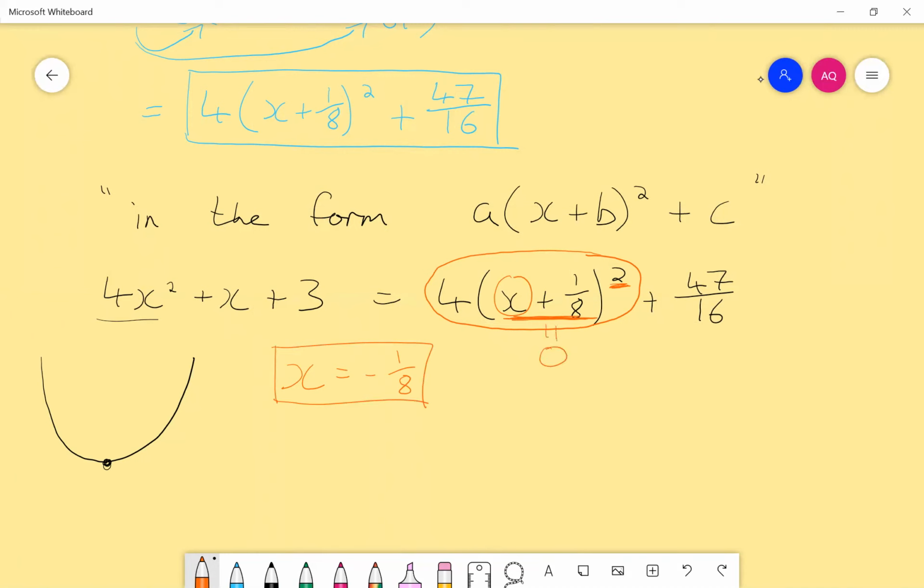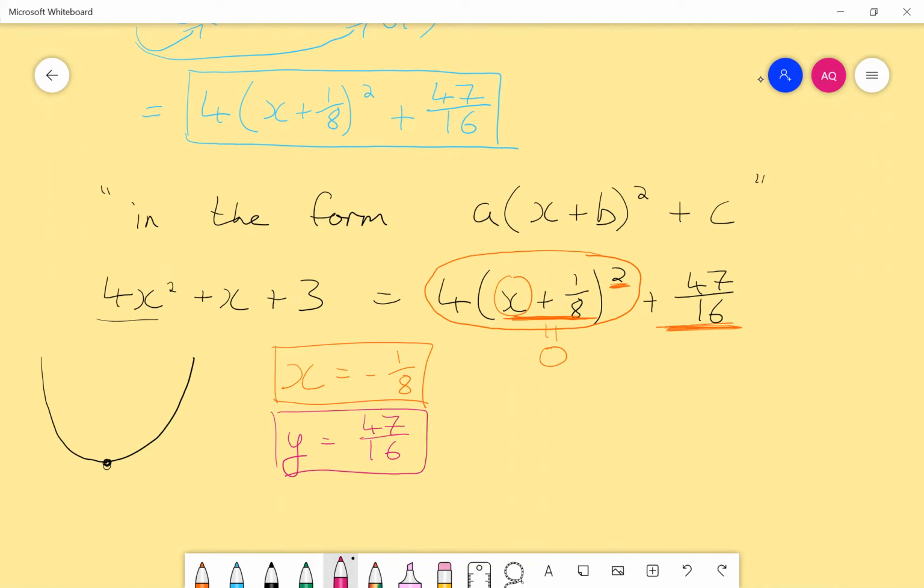And now the smallest y can be when this is 0 is just going to be equal to this number on the outside here. Because if you subbed in x is equal to minus 1 over 8, then your y value would be equal to 47 over 16.